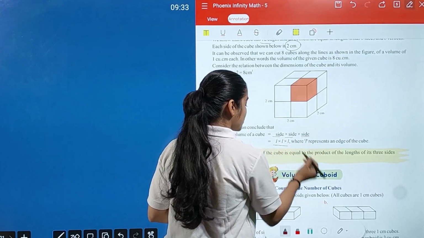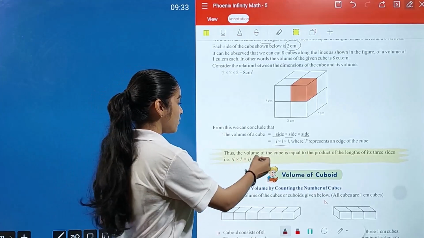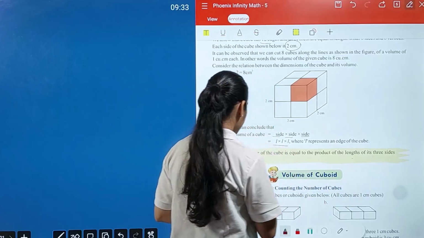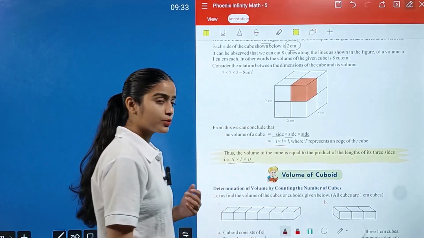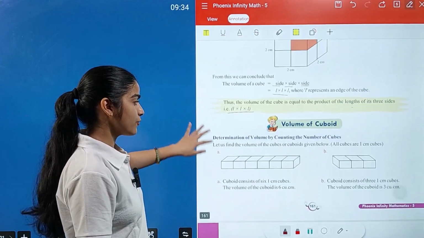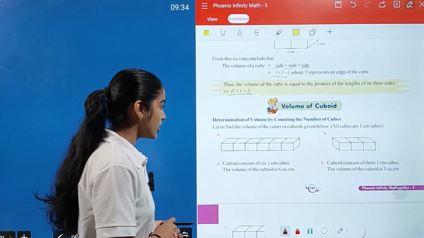Three times you multiply and you will get your volume. Thus the volume of the cube is equal to the product of the lengths of its 3 sides: L into L into L.